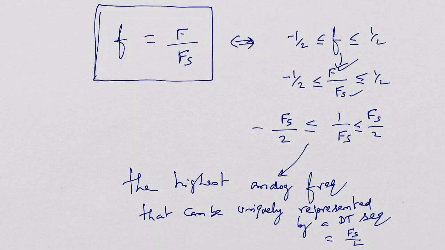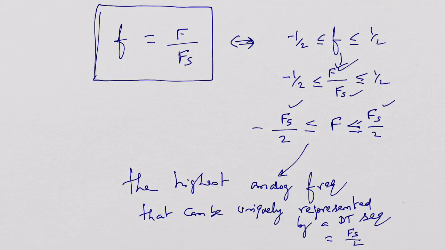Good. Similarly, if I adjust this inequality, capital F is a set of values between minus Fs by 2 to plus Fs by 2.